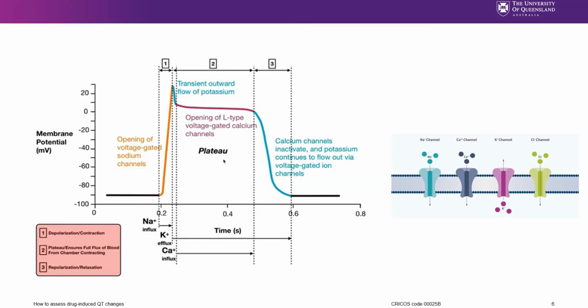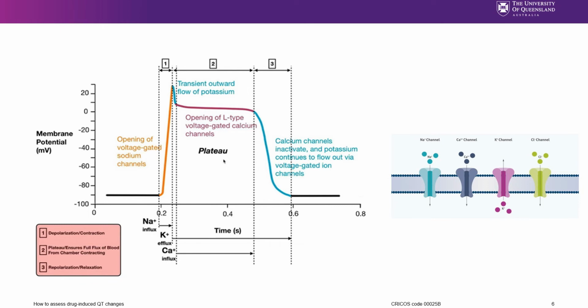And just like any action potential, this electrical impulse relies on the flow of ions in and out of cardiac muscle cells through ion channels. The depolarization phase, that is, the QRS complex, is a result of sodium influx. Then there is a period of time where potassium efflux and calcium influx balance each other out.